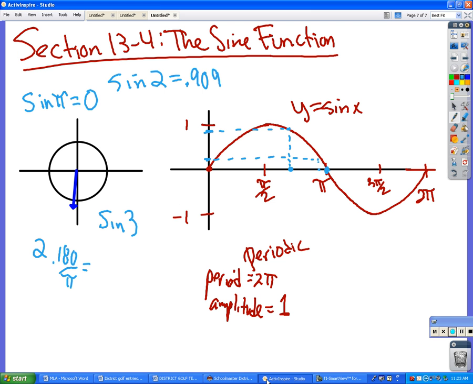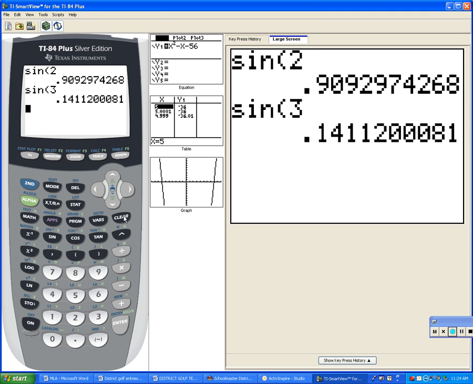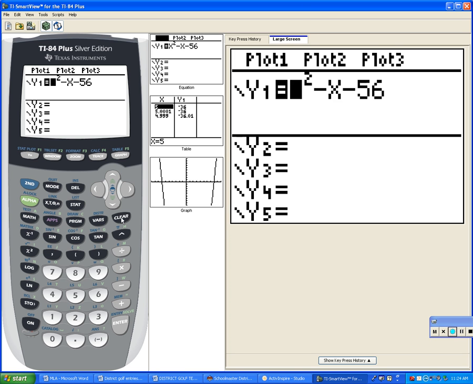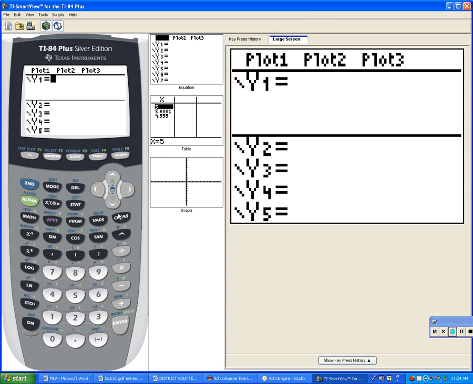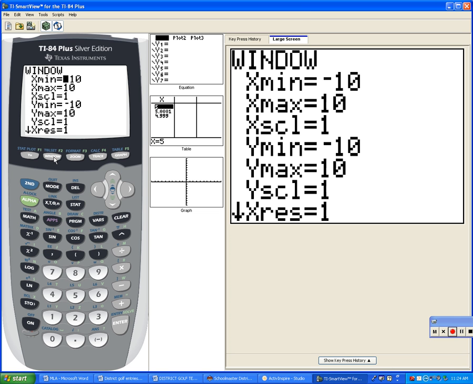Okay. So do you see how the numbers that the calculator is throwing at us relate to the values on the graph? Yes? Okay. All right, so let's talk about these guys here a little bit. So let's get a good sine graph going on your calculator. So clear out anything that you have in there already. And I would like you to hit your window button.